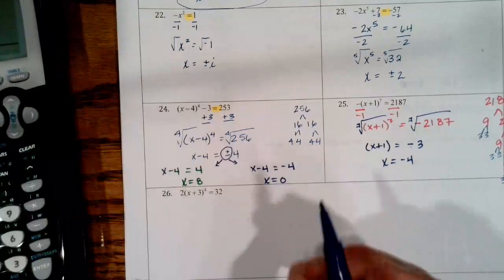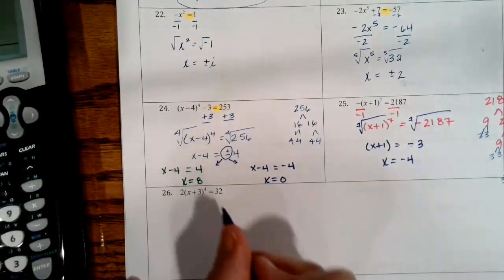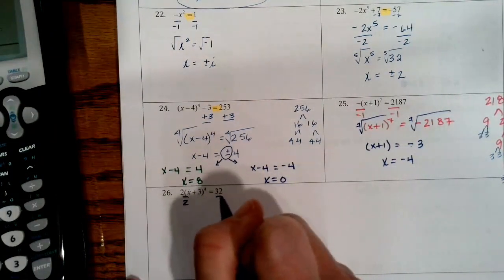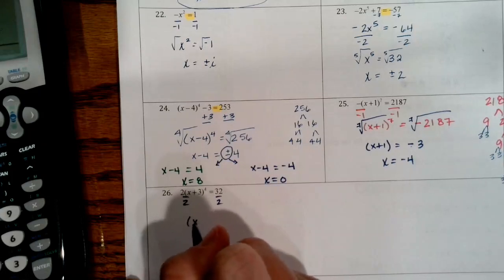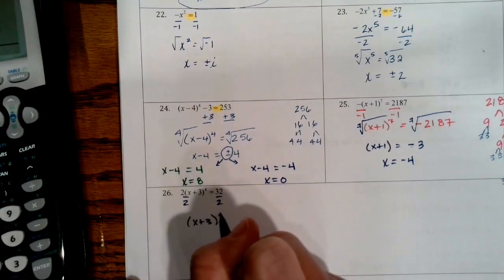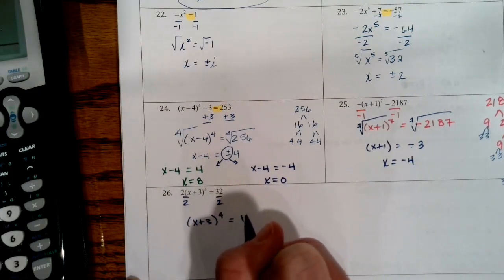Okay, here we go. Divide each side by 2, and I have x plus 3 to the 4th power is equal to 16.